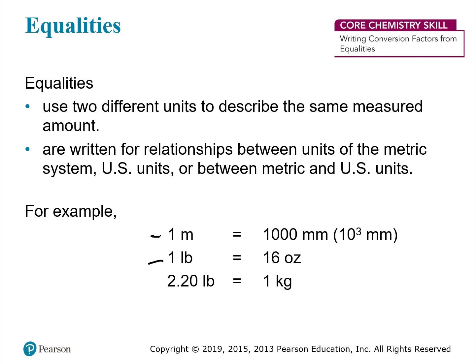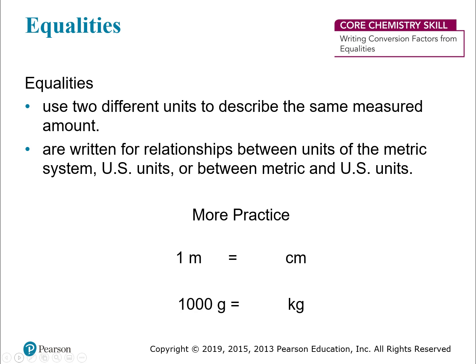That's an equality, and both of those units are metric units. Or you can write something to convert between US units and metric units. So 2.20 pounds is equal to 1 kilogram. So there's the US and there's the metric. All an equality is, it defines a relationship between a measured amount. So you take a measured amount of one thing, what is it in another unit?